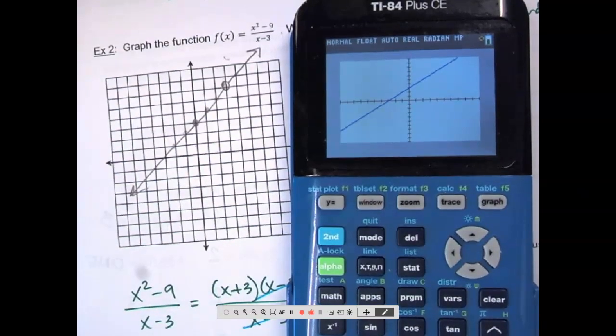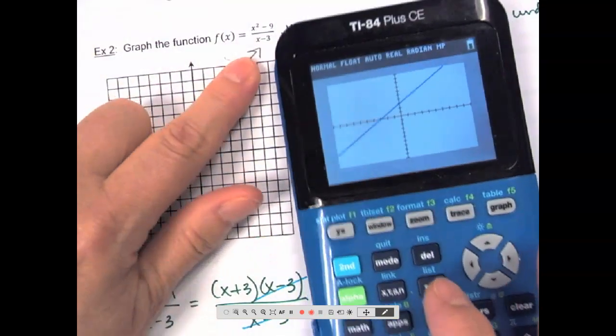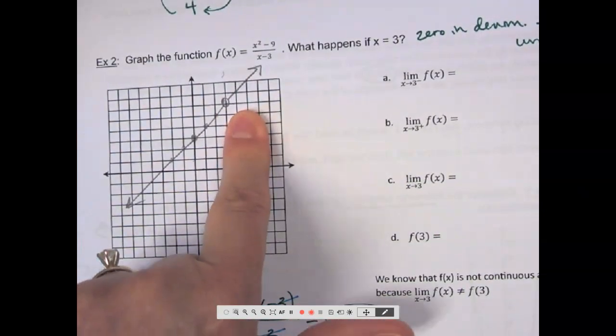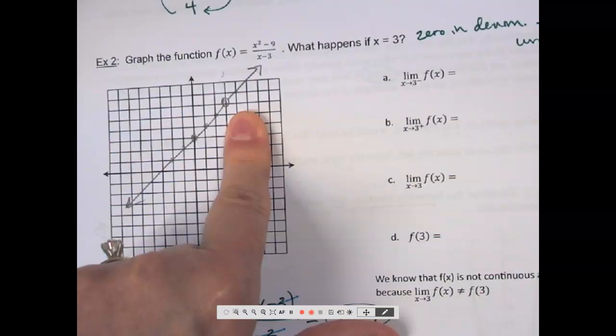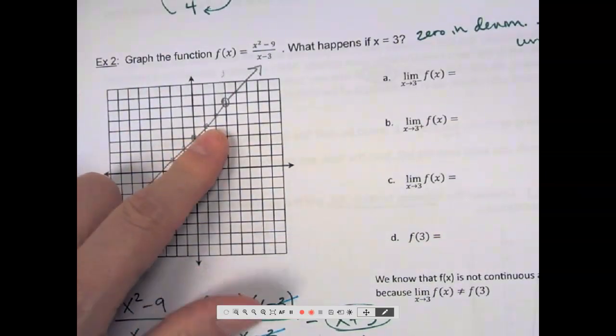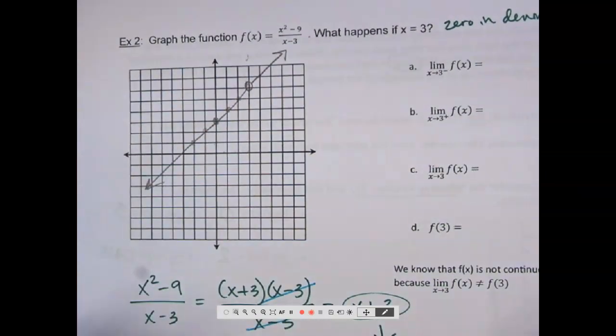It just looks like a line. Okay, so it's a little deceiving. We have to know that we can't use 3, makes it undefined. Therefore, we have to put that hole in the graph. Okay? This can be a reminder that the graph will look like a line, but it will definitely have that little gap in it. Okay, so now that we have it graphed, let's answer these questions.